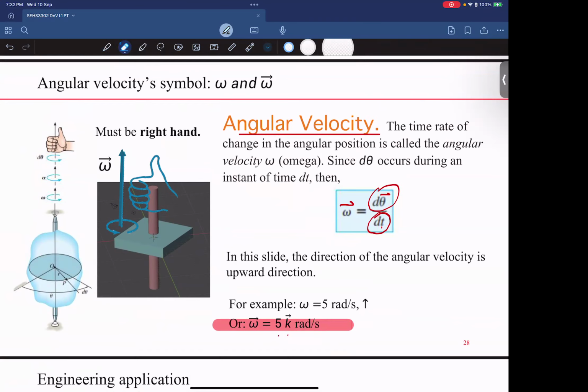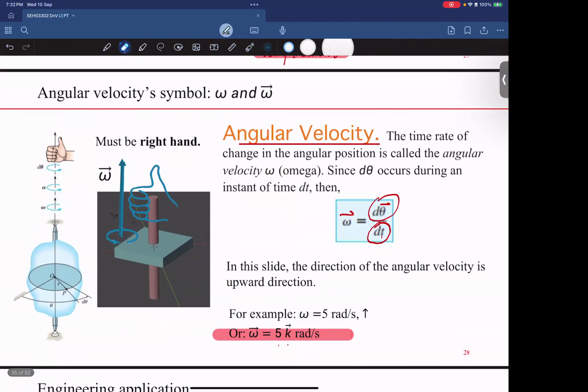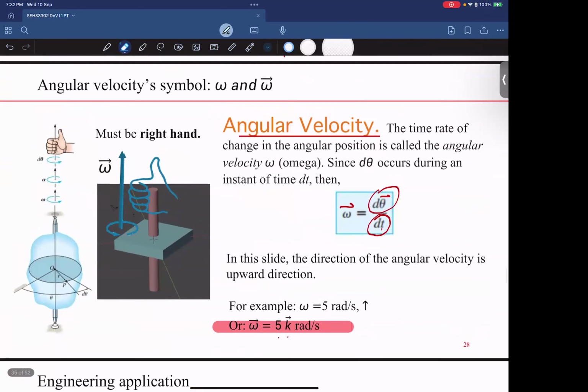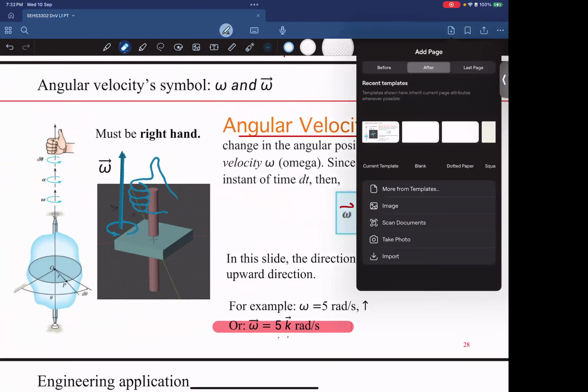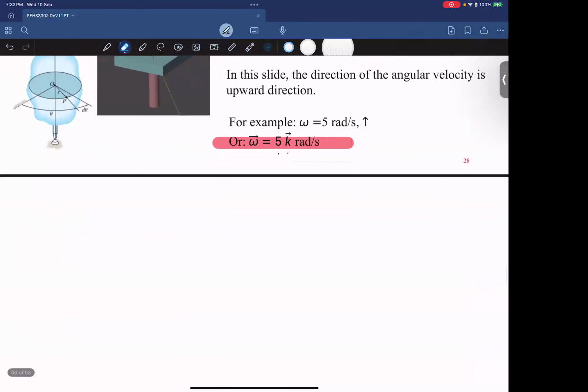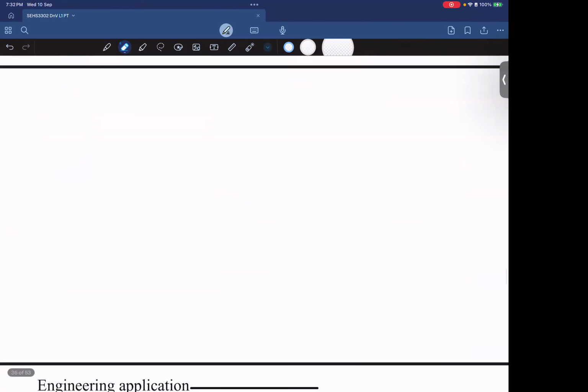For the unit RAD, because we will use it frequently, it's necessary to have a further explanation. RAD, whether you know it or not, is a unit of angle.